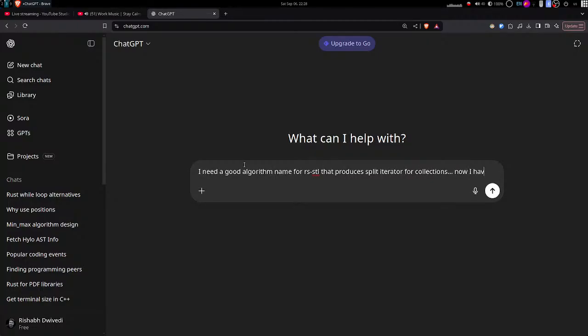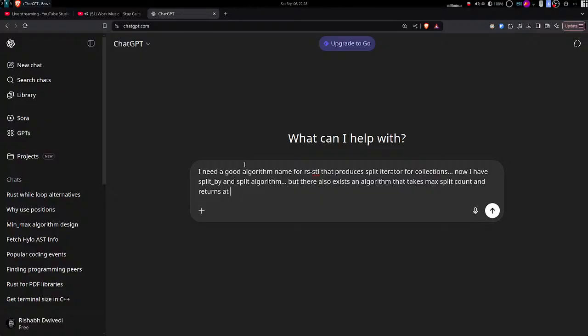Now I have split_by and split algorithms, but there also exists an algorithm that takes a max split count and returns at most count plus 1 splits.